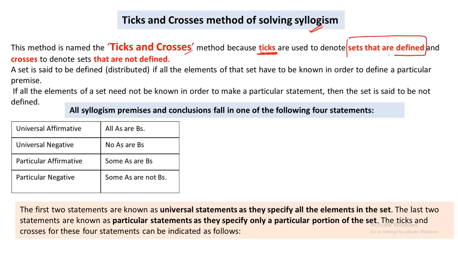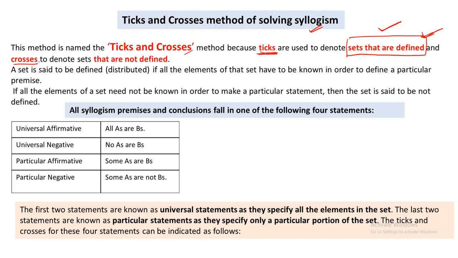A defined set is something about which you know everything. So when we know about some set which is completely defined, or we know all the elements of that set, or in the statement it is given that we know all the elements of that set, that set is defined and we put a tick over it.